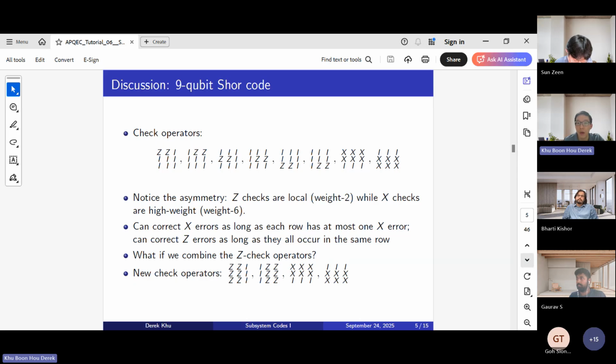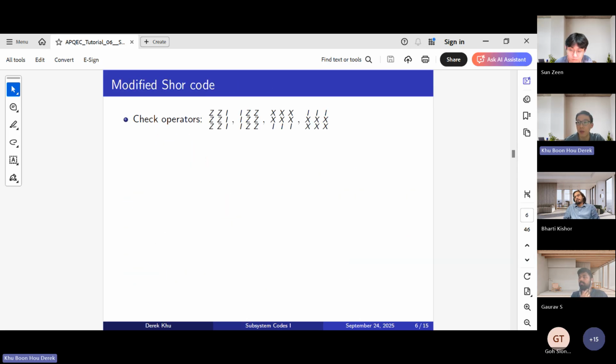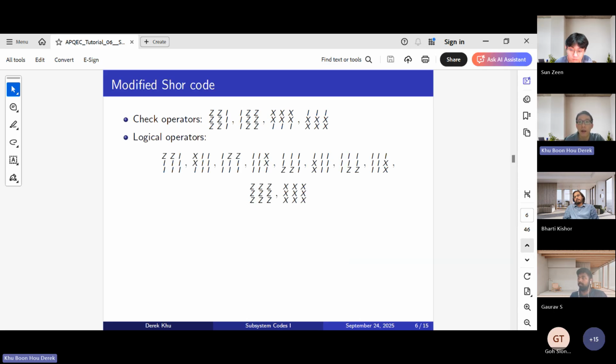So what do we get? These are the check operators we have. I call this the modified Shor code. It's not standard terminology. So what are the logical operators for this code? The logical operators will be anything which commutes with these check operators. So what are the things that commute with these check operators?